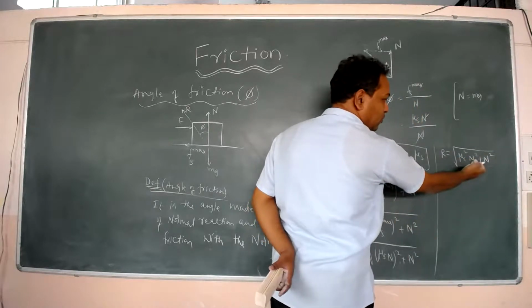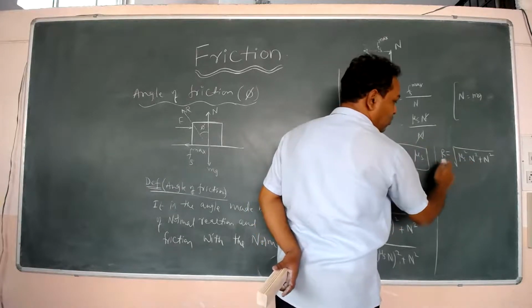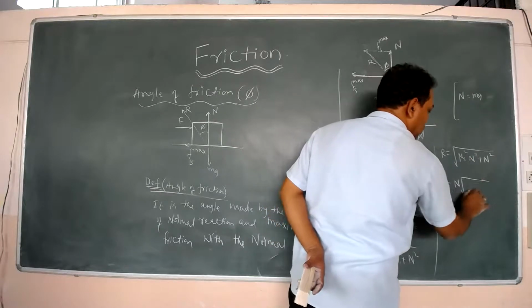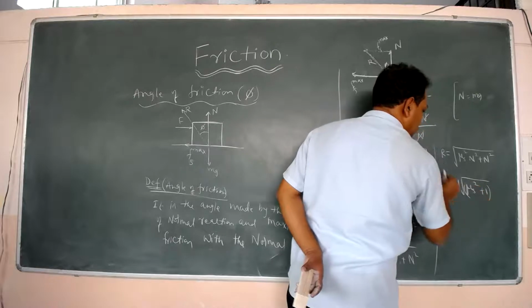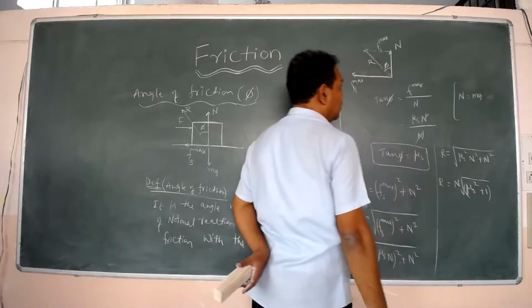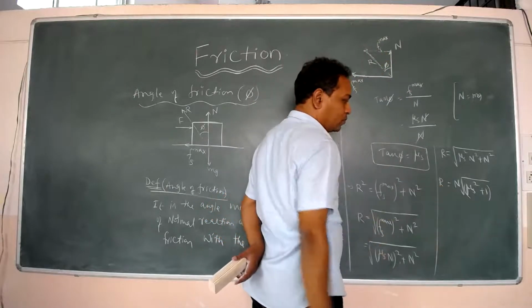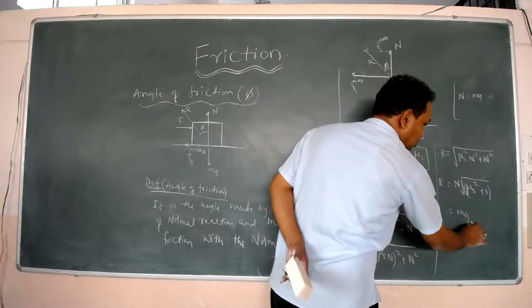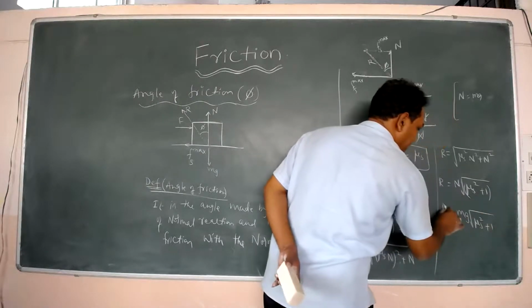From here, N square comes out of the root and becomes N, so I can keep it outside. Therefore R is equal to N into root of mu square plus 1. So this is the reaction. Resultant of these two is given by this formula. What is N here? N is nothing but mg.